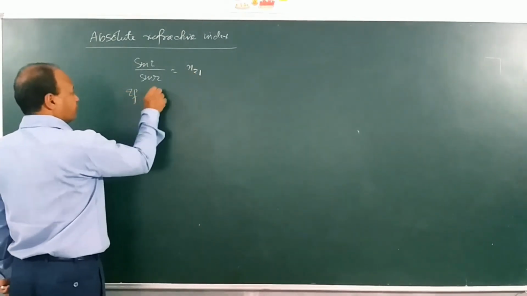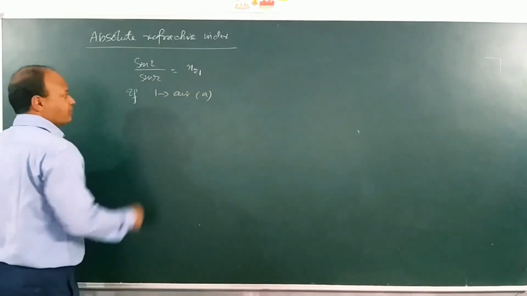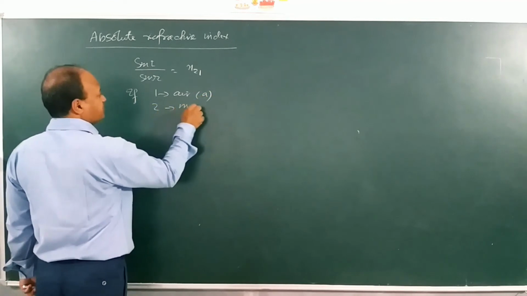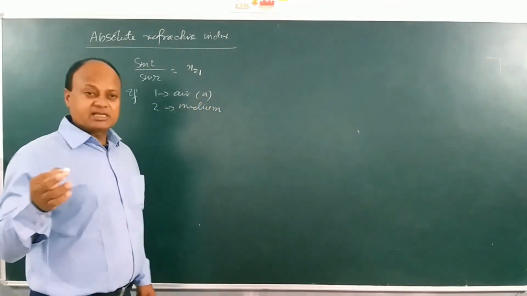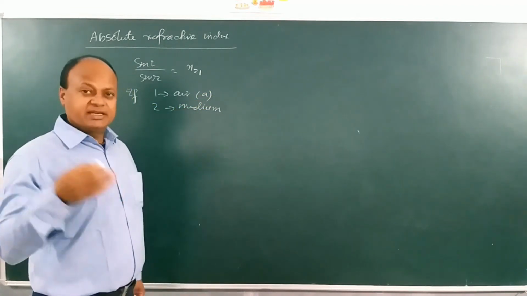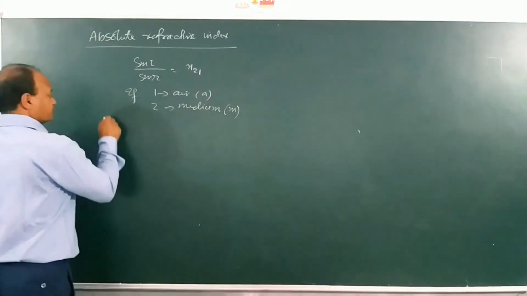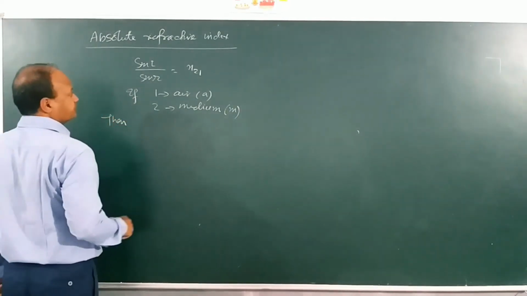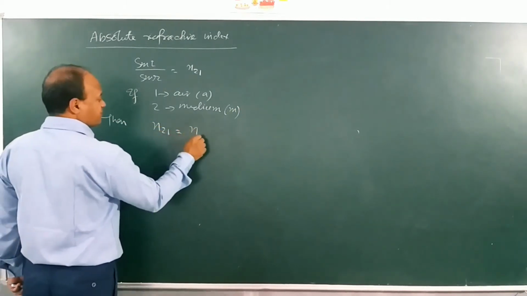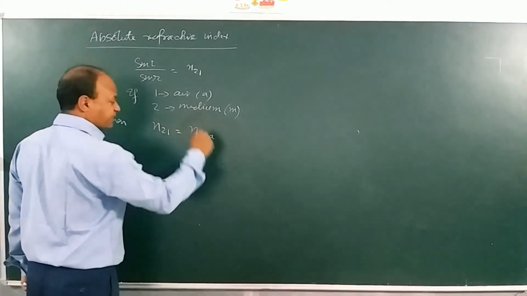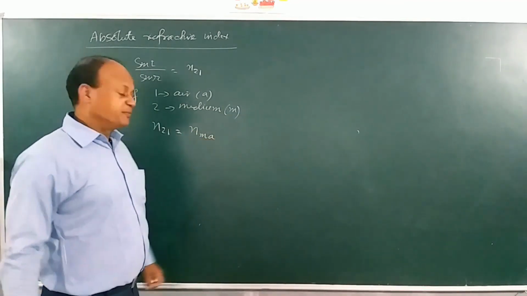So if 1 is air, it will be written as A, and 2 is any given medium. A given medium could be water, it could be glass, it could be oil, it could be glycerin, anything. Will be written as M. Then n21 will be refractive index of medium M with respect to air. And if it is air, I don't have to state this medium.